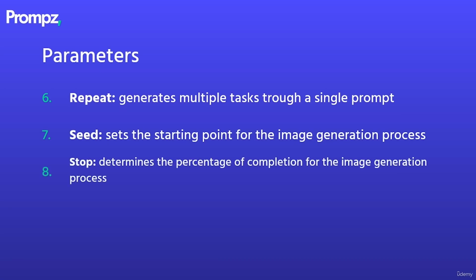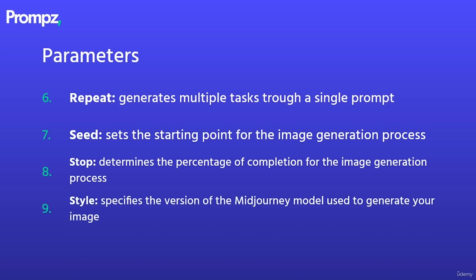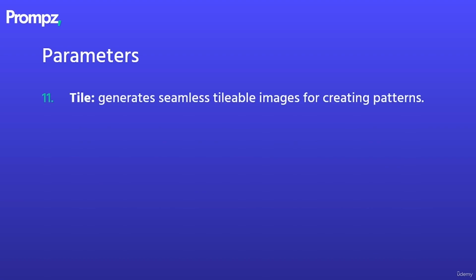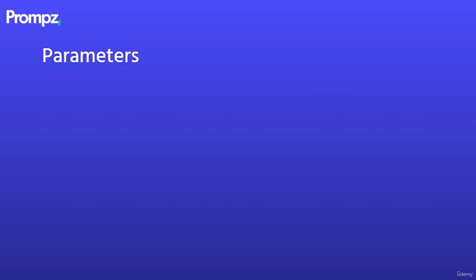Stop determines the percentage of completion for the image generation process. Style specifies the version of the Midjourney model used to generate your image. Stylize adjusts the Midjourney aesthetic style strength of your image. And Tile generates seamless tileable images for creating patterns.